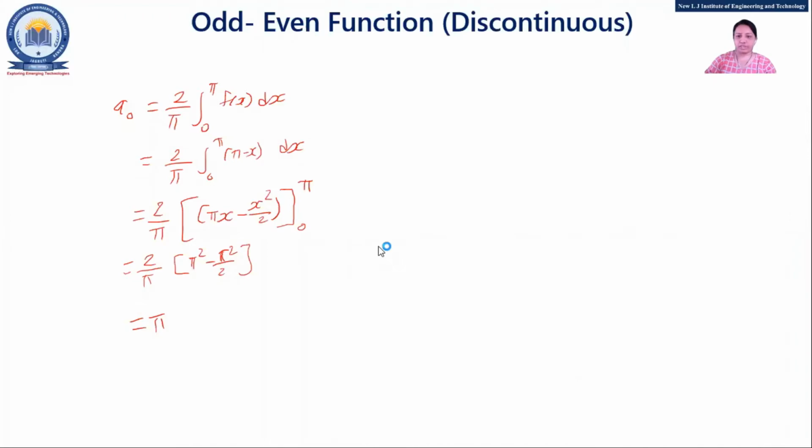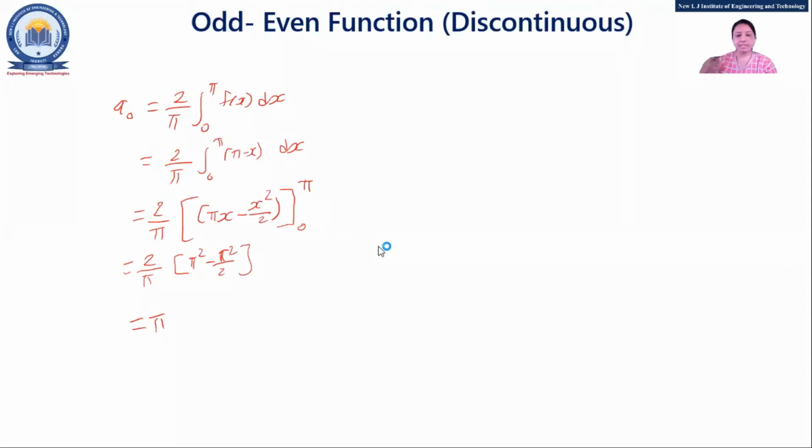Ma'am, we have to take a0 by 2, so we will not take 2 by pi? That is up to you. If you are taking a0 by 2, then don't take 2 by pi, and if you have taken only a0, then take 2 by pi. In some books they have written a0 by 2, in some only a0.